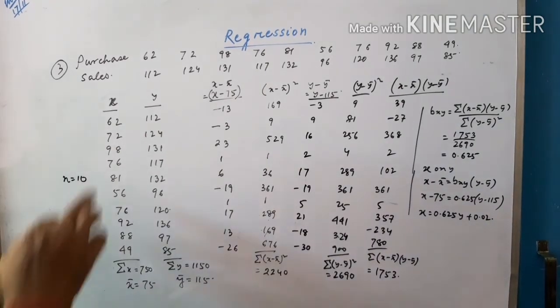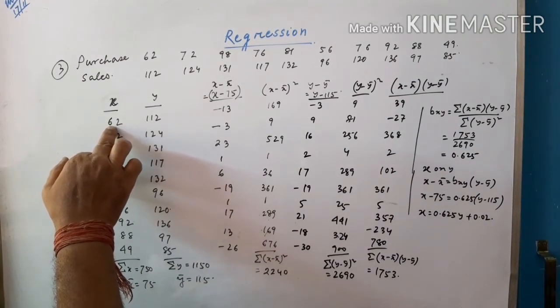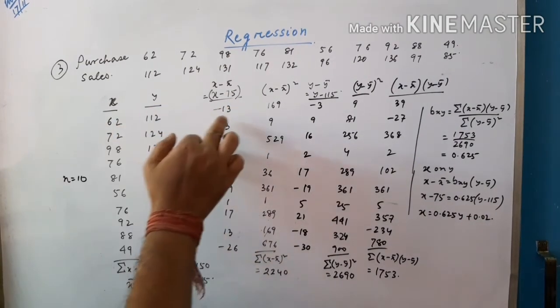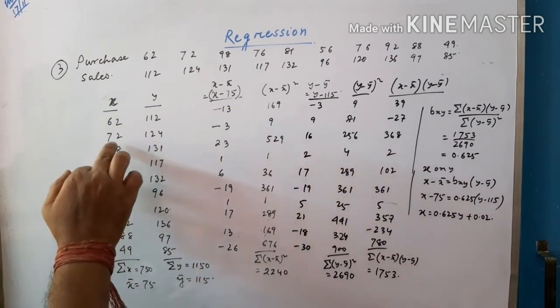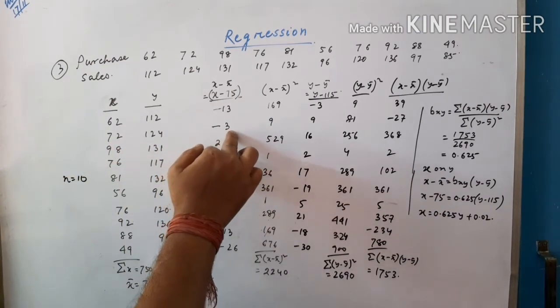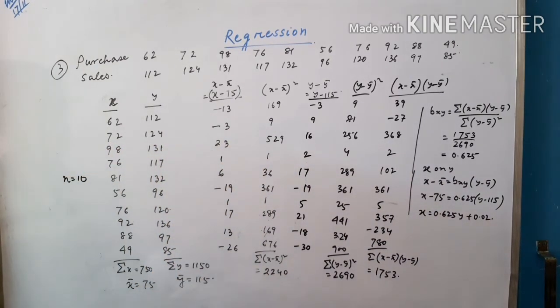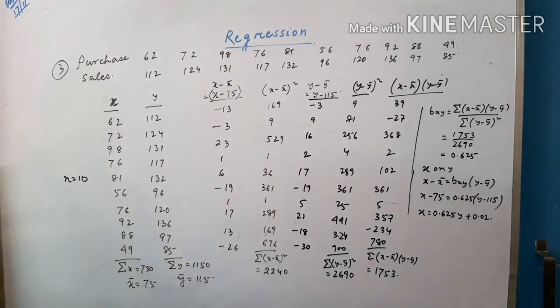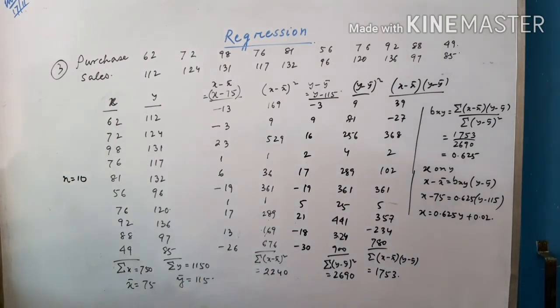Now see that x value is 62 and x bar is 75. So 62 minus 75 is minus 13, 72 minus 75 is minus 3. This way we have calculated x minus x bar. Now what is required? x minus x bar whole square.